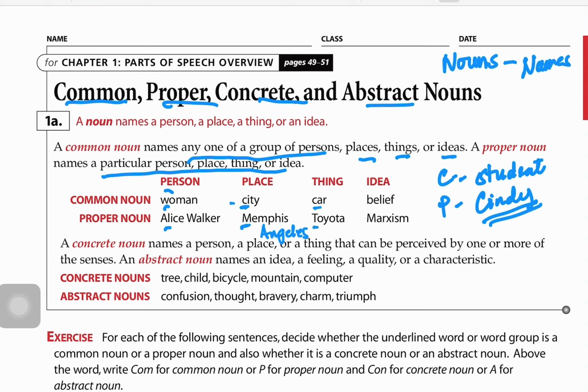For idea, belief with a small letter b, proper noun Marxism, letter M, coming from the name Marx, which is the last name of Karl Marx. So let's review. Common nouns are names of any one of the group of persons. It's the usual, the typical. Proper nouns name particular people, places, things, or ideas.